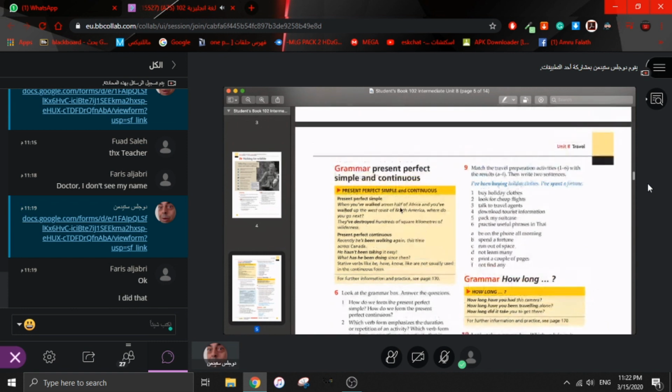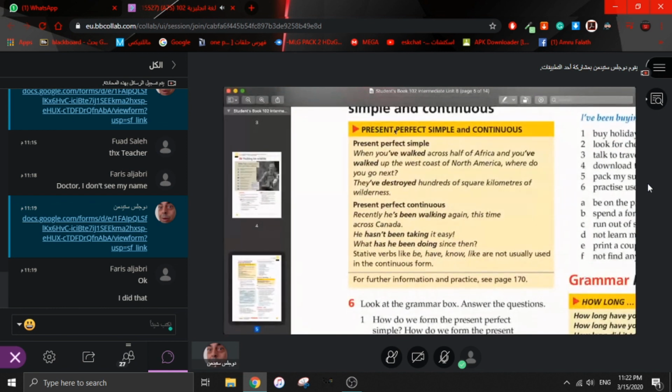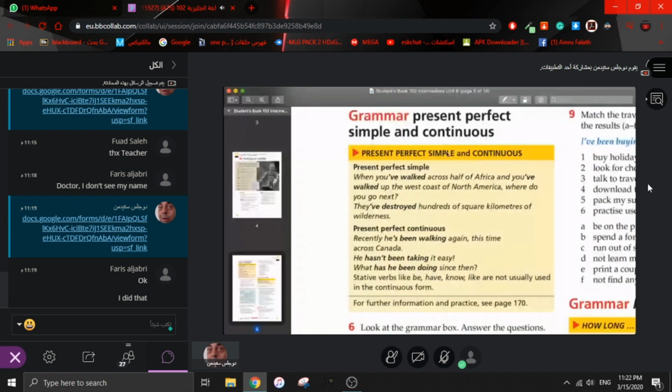If we look in the yellow box, we've got two things for our grammar for 8b: present perfect simple and present perfect continuous. First, let's look at the examples and then we'll talk about when and how to use them and do some practice.